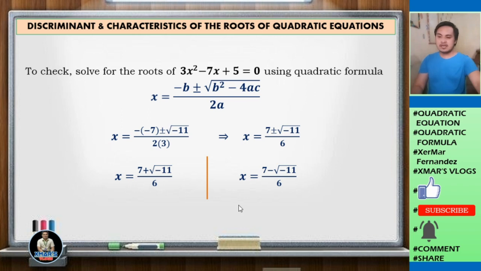As you can see, we have a negative radicand, and this will yield imaginary solutions or roots. That is why we have no real solutions or roots if the discriminant is less than 0.